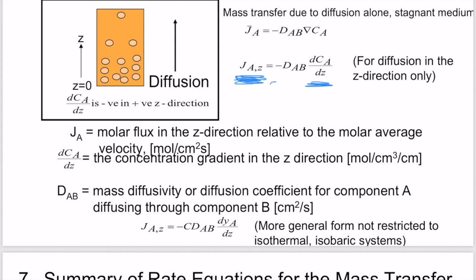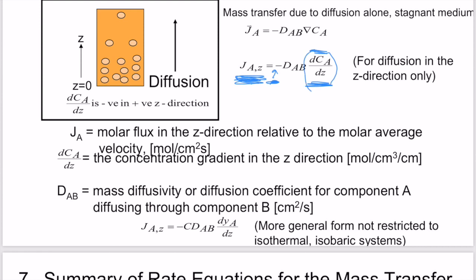Also, this negative sign comes about because it's traveling in the direction of decreasing concentration. If it's traveling in the positive direction, that means this gradient here is negative.